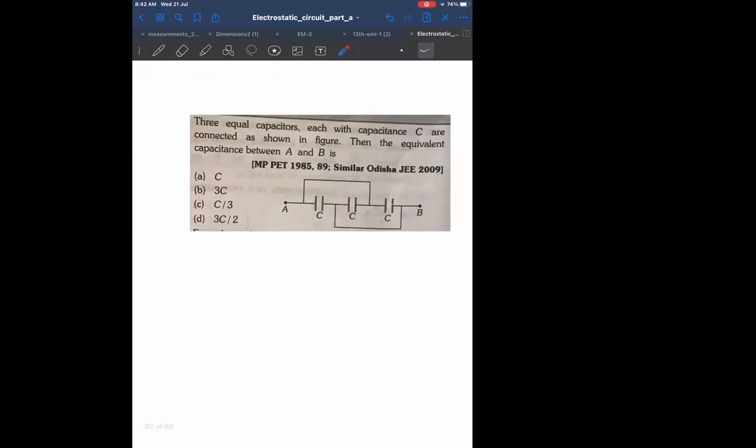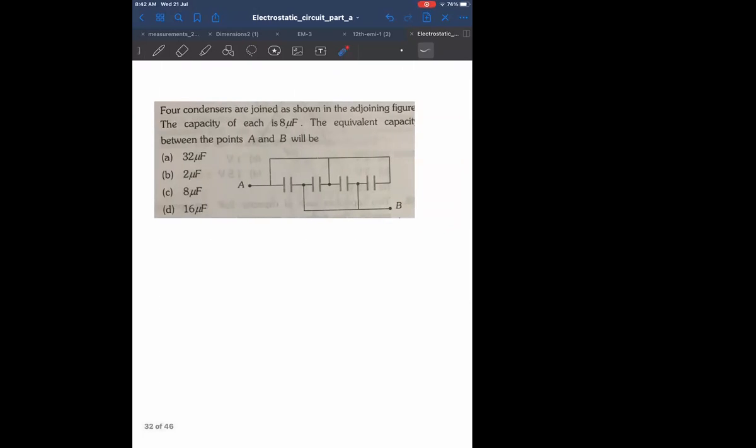Sir, how do they indicate Wheatstone bridge in this pattern? See, for example, if you want to do Wheatstone bridge in this kind of circuits, these are all four in parallel. In Wheatstone bridge, these two will be in series, these two will be in series, if this is balanced, correct?